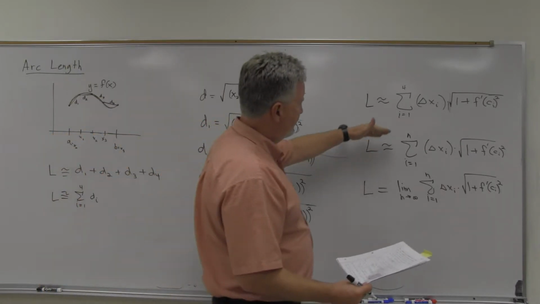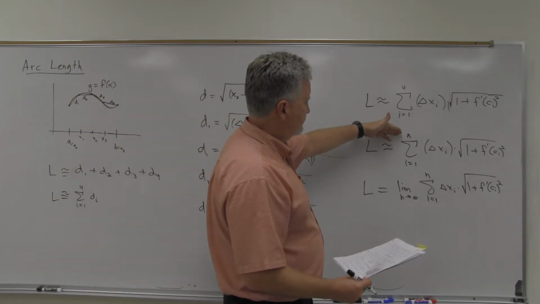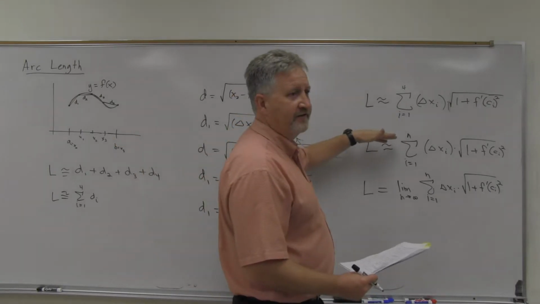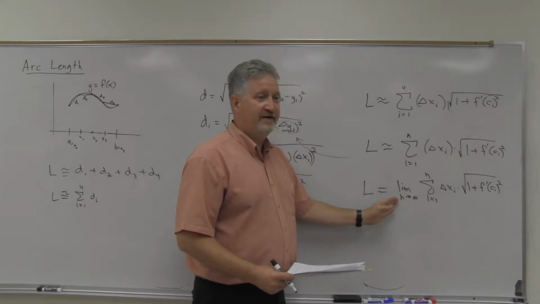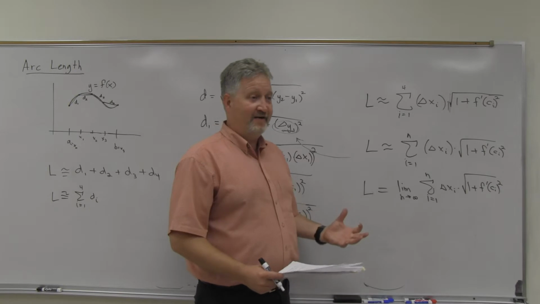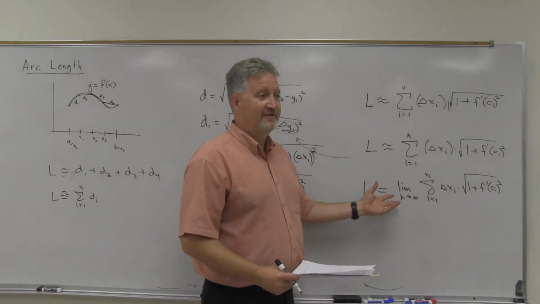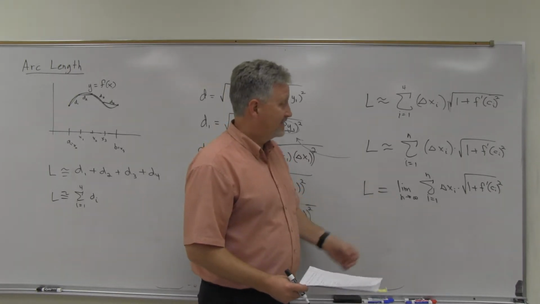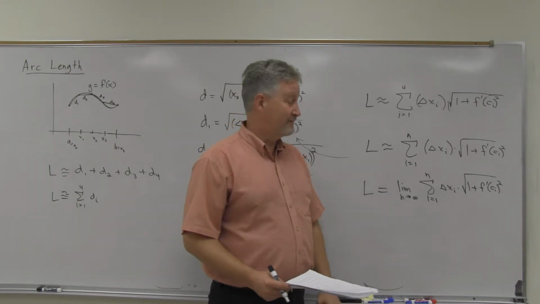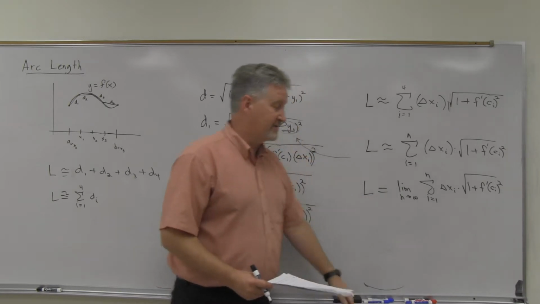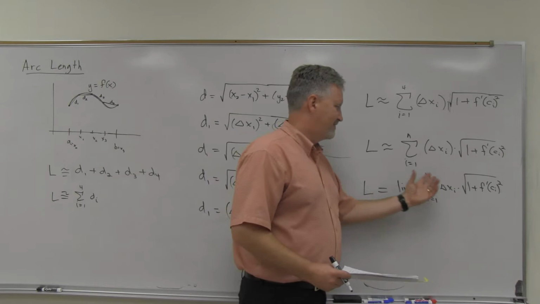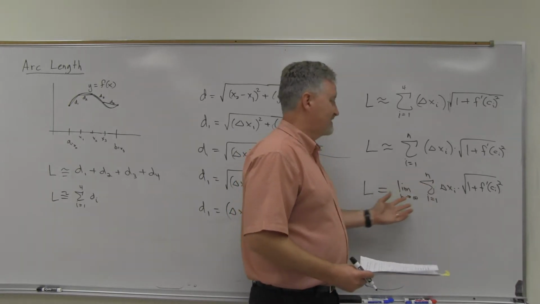If I just do n rectangles or n segments, that's still an approximation. But if I can do infinitely many of them, now I've got an exact value for it. That would be hard to compute, that limit right there. But what do we basically define this as?